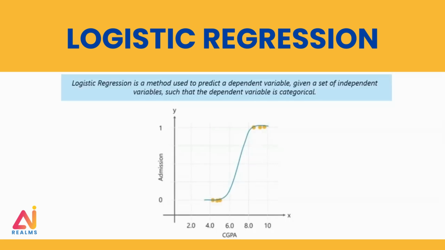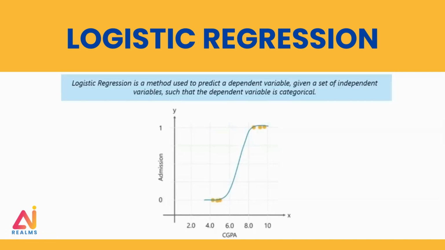If you use linear regression to model a binary outcome, the resulting model will not predict y values in the range of 0 and 1, because linear regression works on continuous dependent variables and not on categorical variables. That's why we make use of logistic regression. So understand that linear regression was used to predict continuous quantities, and logistic regression is used to predict categorical quantities.